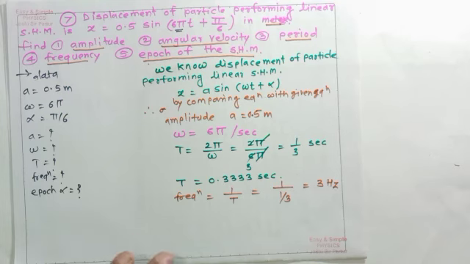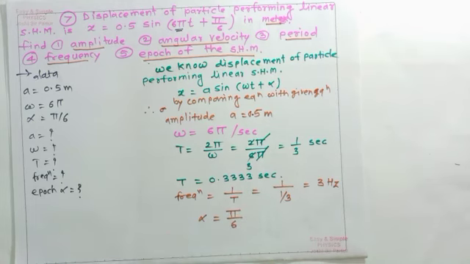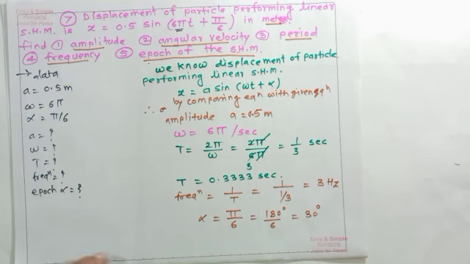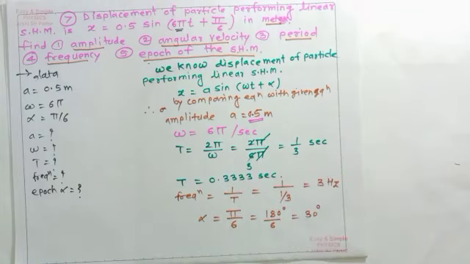And finally, we can find out alpha, epoch. It will be pi upon 6. So pi upon 6 means 180 degrees upon 6, that is 30 degrees. So initial angle or epoch will be 30 degrees. So the 5 answers are: one, 0.5 meter.